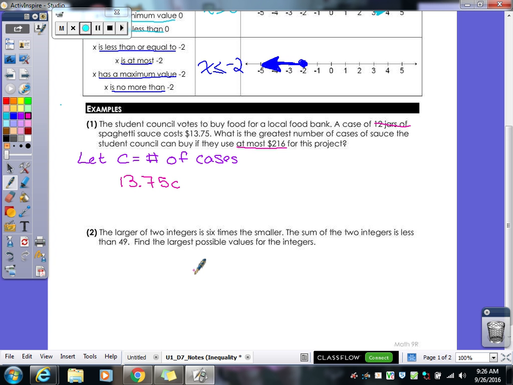So if we look in our list above, at most is which sign? Less than or equal to. So it's going to be less than or equal to $216. So then we'll divide by 13.75.